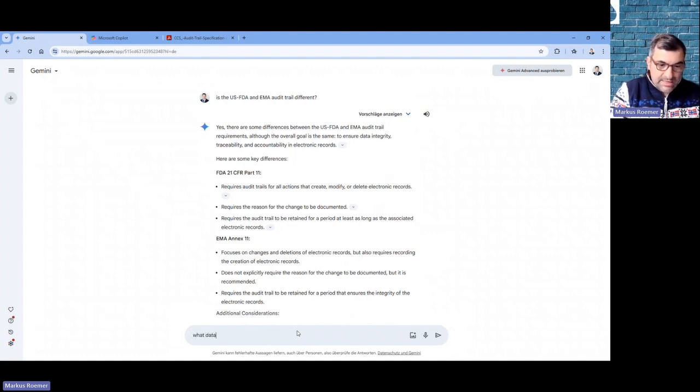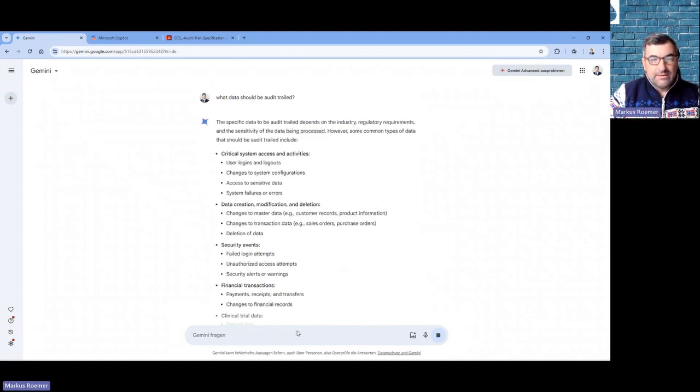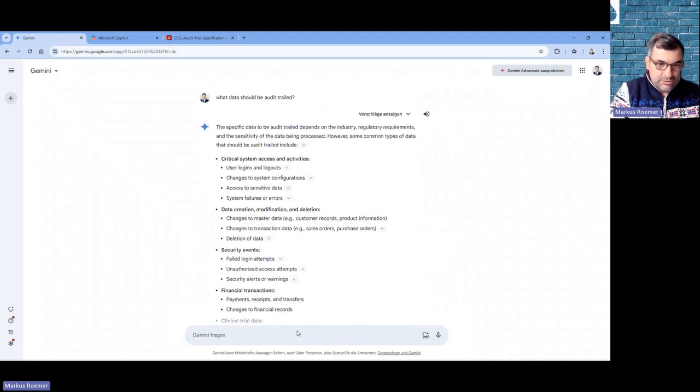Okay, what data should be audit trailed? Critical system access and activities. Security events, data creation.